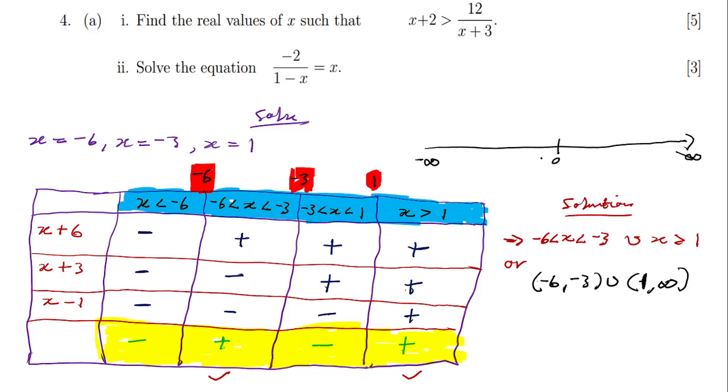I'll start with -6. Since it's the critical point, I'm going to try out numbers from -6 going towards the negative side. That's why it is less than. Numbers from -6 going to the negative side. That's why it is the smallest and on the farthest point.